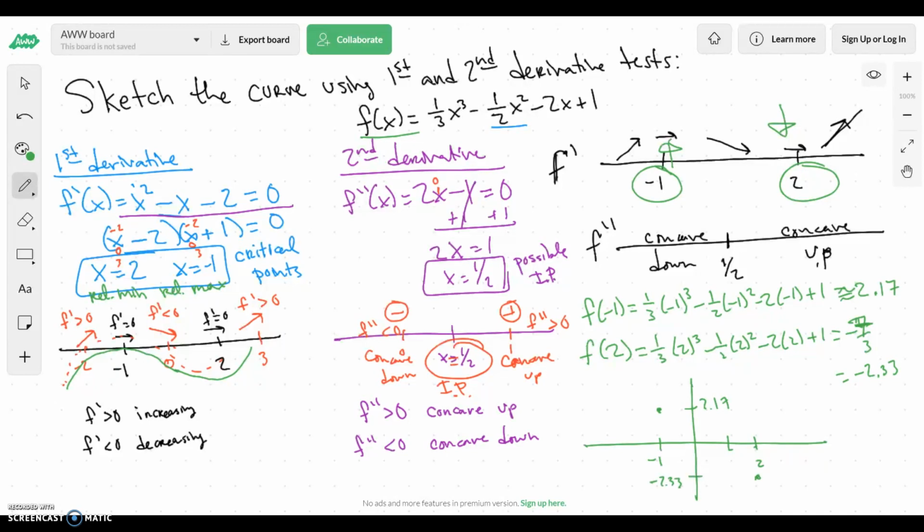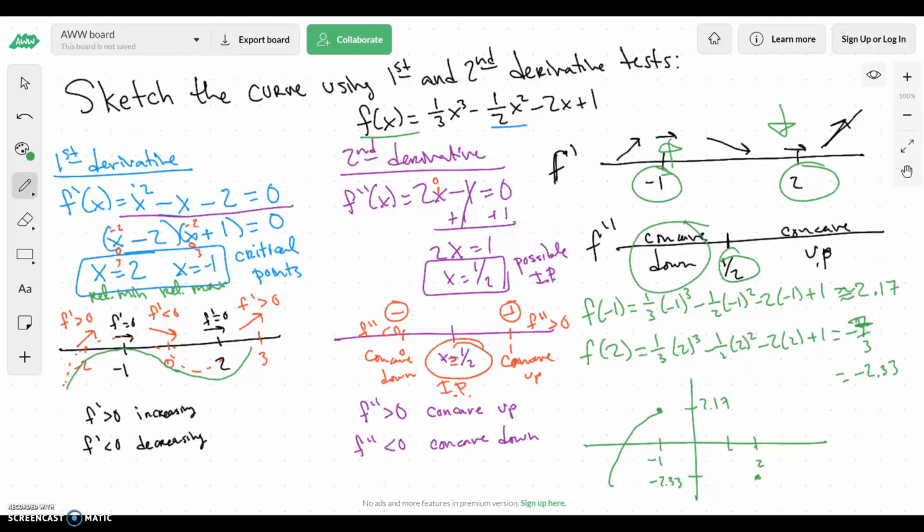Something else that you can do is plug in 1/2 and see at what point it actually changes concavity. We know that everything less than -1 is going to be concave down, but it's also going to be increasing, then decreasing at -1. So it's going to be increasing and concave down.